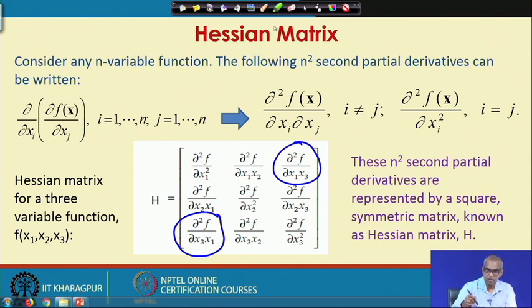Similarly, del square f del x1 del x2 is the same as del square f del x2 del x1, and also del square f del x2 del x3 is the same as del square f del x3 del x2.